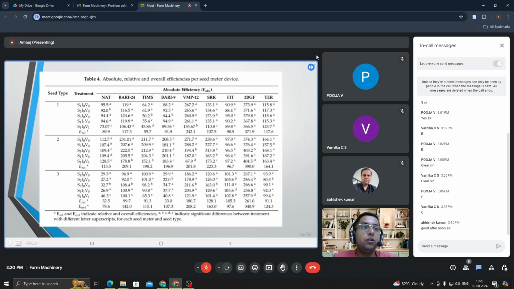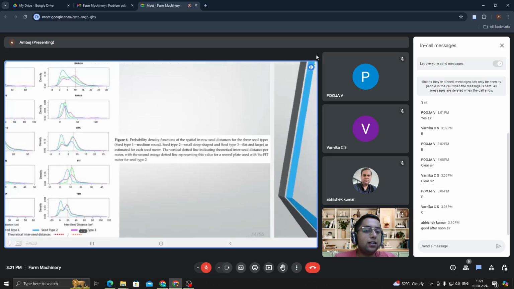At the end, you will be able to calculate efficiency, and efficiency is output over input. This is the general criteria. What would that be in the case of a seed metering mechanism? There are different types of efficiency that will be taught in great detail in our theoretical lectures. At that point, try to recall how the seed metering mechanism angle is decided, and various parameters are decided, not just angle.